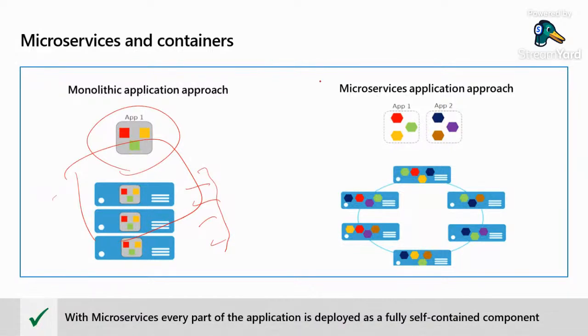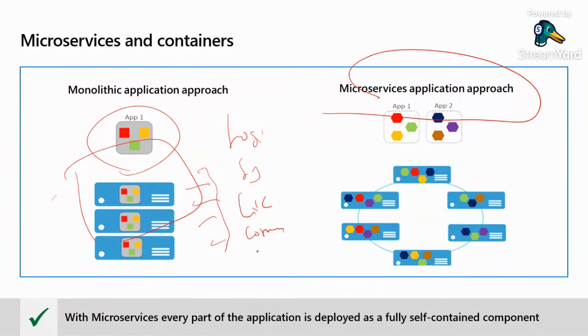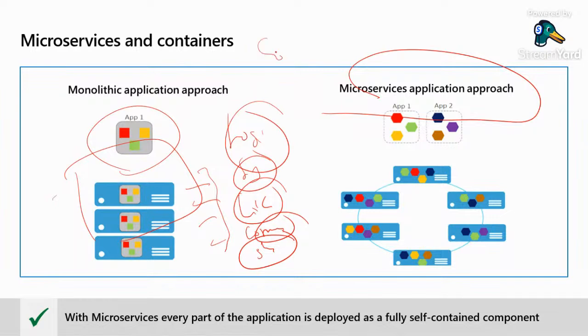But if you talk about a microservices application, you have your different features. Okay, let's say you have your login page, you have your sign up page, and if you talk about Facebook or Instagram, you have a service for comment or for share, and for each of these features you have individual containers.